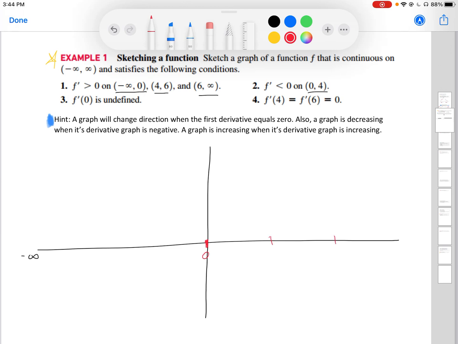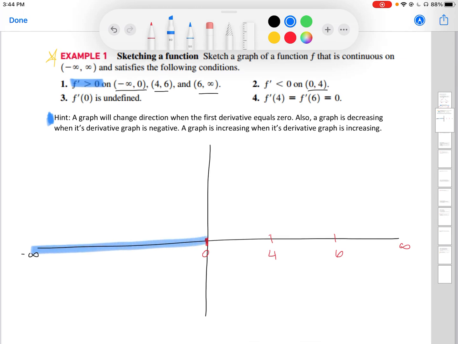Now we said that, let's highlight some values, that our function is increasing from -infinity to 0, from 4 to 6, and from 6 to infinity. And our function is decreasing from 0 to 4.